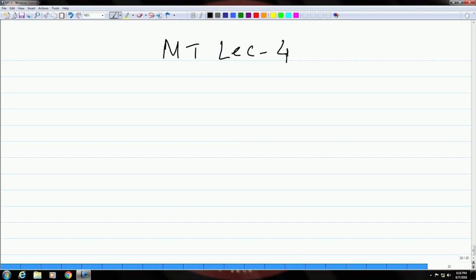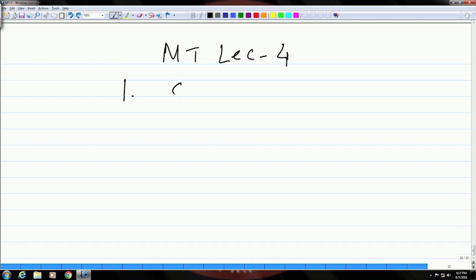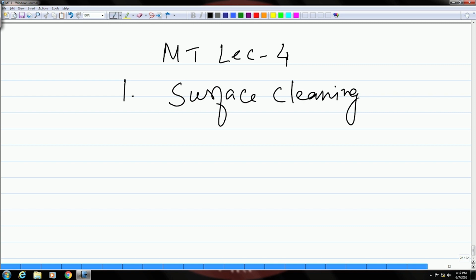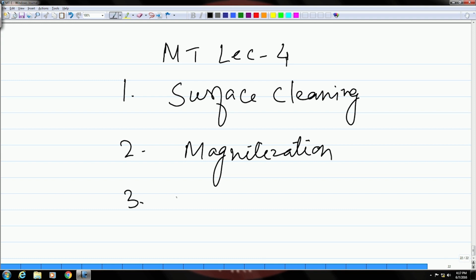So, let us continue today, and if you remember, we have so far covered these 3 steps. Let me highlight them once again. Surface cleaning, then magnetizing, and once the part is magnetized, you apply the particles.